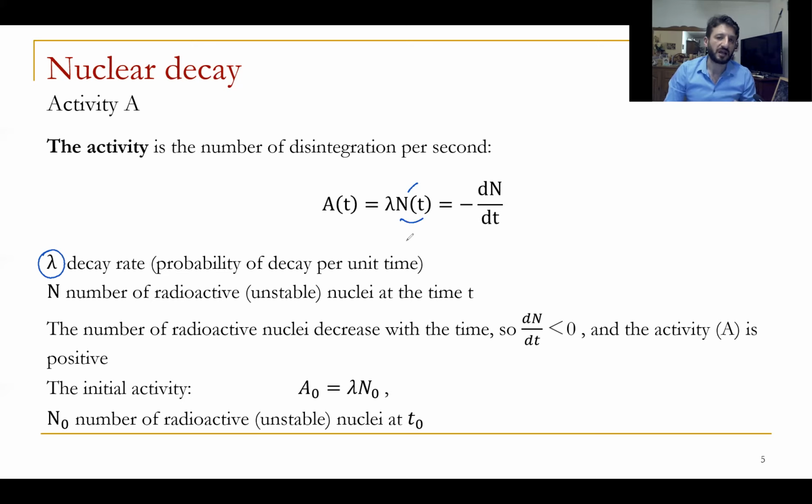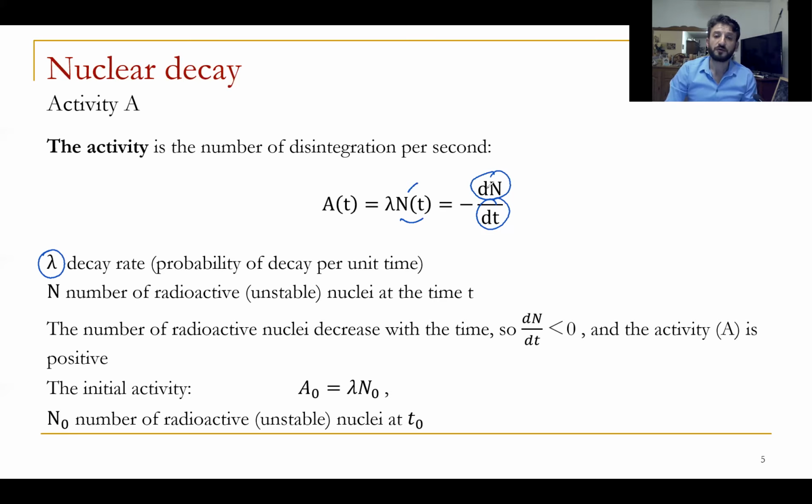Be careful, I am talking about the unstable element only. Later, we can calculate the number of the stable element after the decay process. Minus dN divided by dt is the number of disintegrations per unit time.